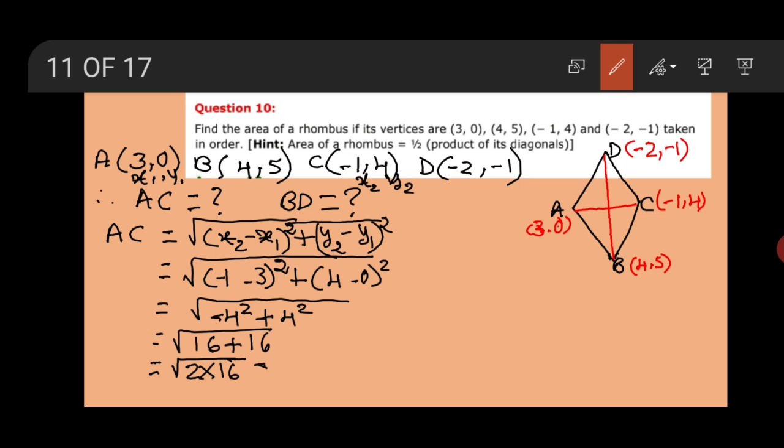So square root of 16 plus 16 is equal to square root of 2 into 16. Now we know square root of 16 is equal to what? 4. So inside the square root sign only 2 is remaining. So 4 square root of 2 unit. This much only, 4 into square root of 2 unit. This is the length of diagonal AC.